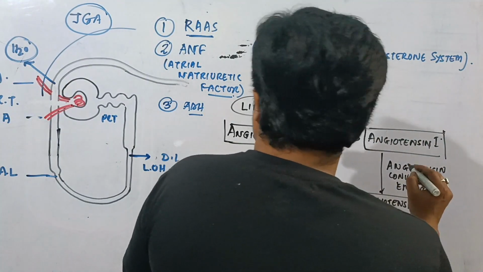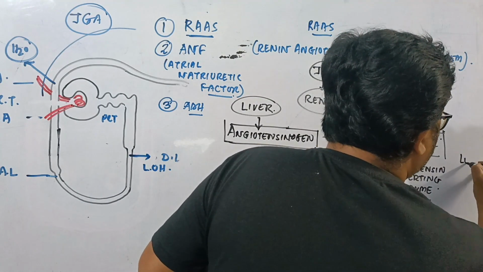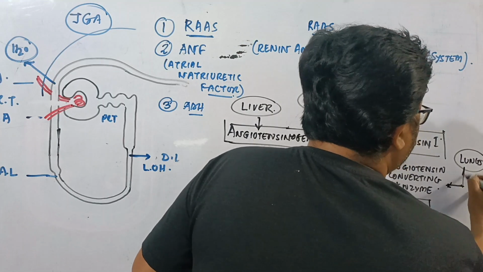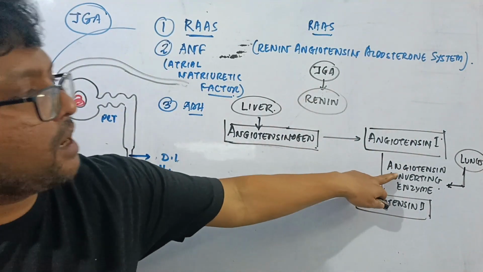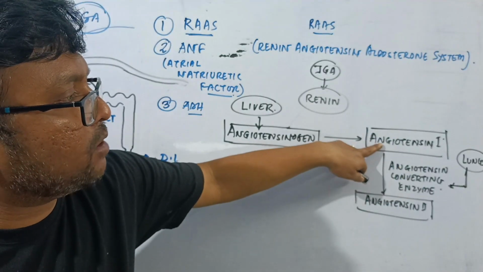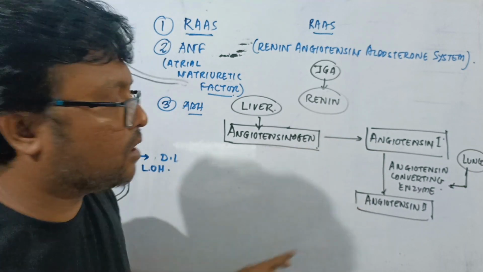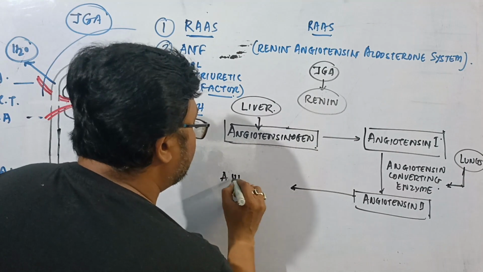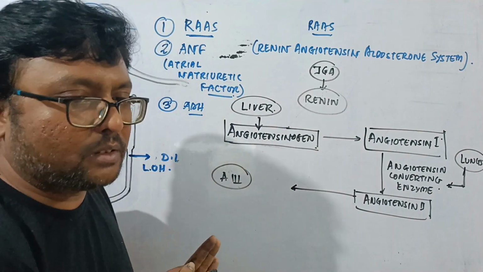It is formed in the lungs, and it converts angiotensin 1 into angiotensin 2. Angiotensin 2 is converted into angiotensin 3, but we don't need angiotensin 3.